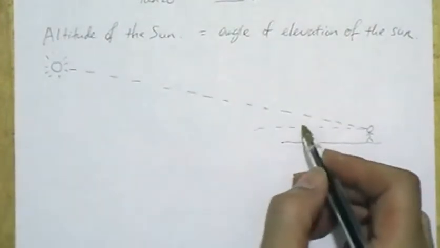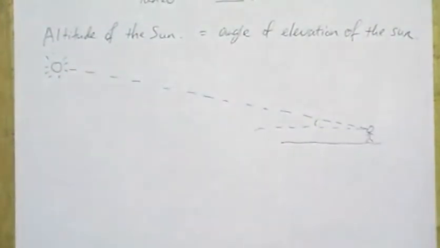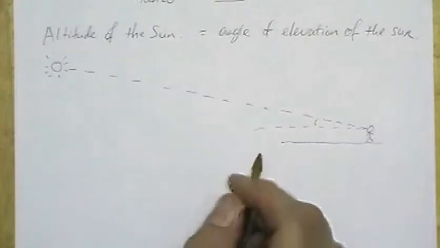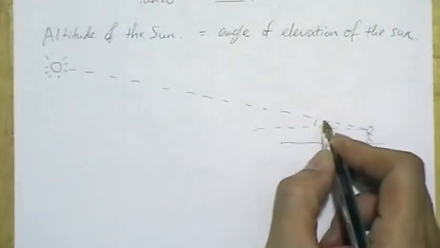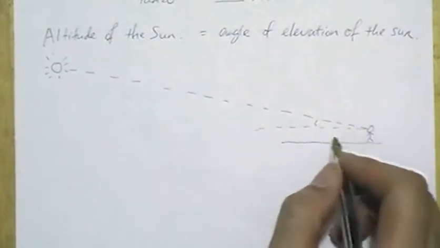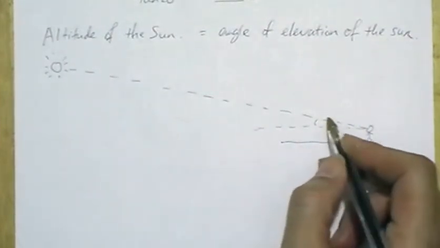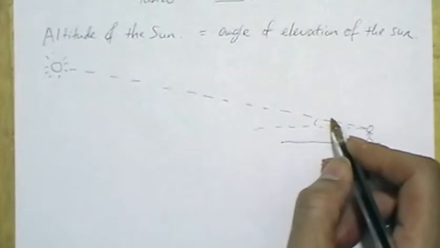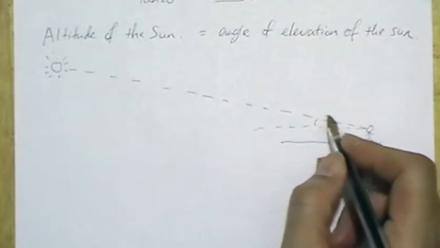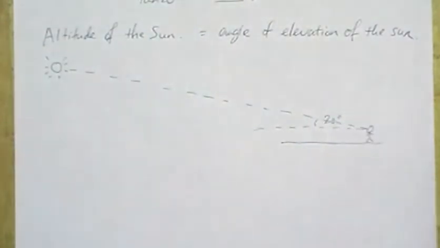So that's the angle of elevation. So let's take, for example, an angle of, say, 60 degrees. Okay, that doesn't look 60. Okay, let's say this is 20 degrees. Okay.